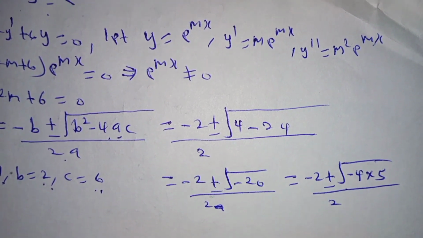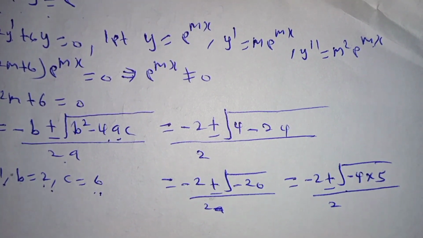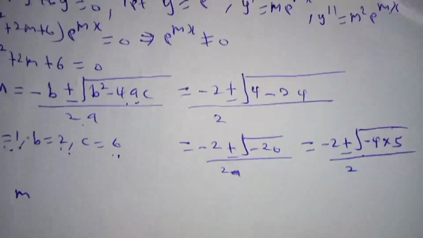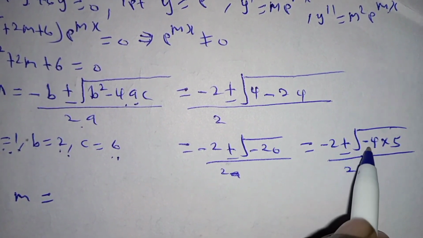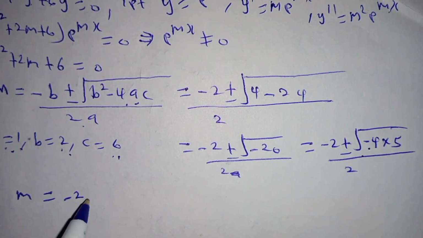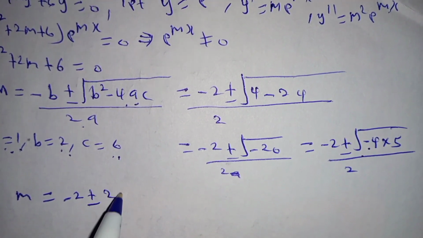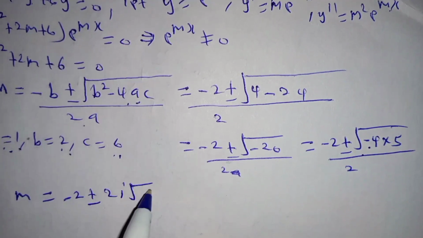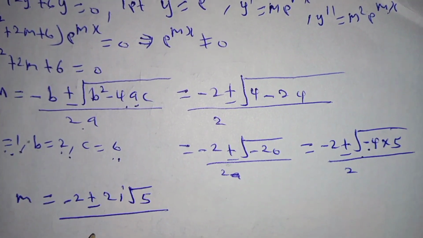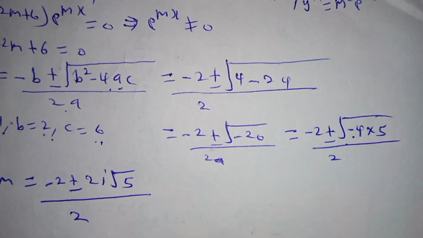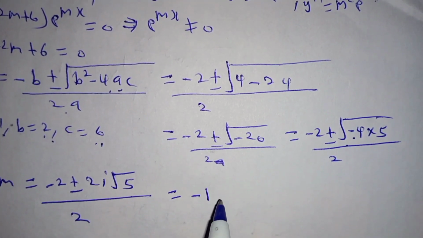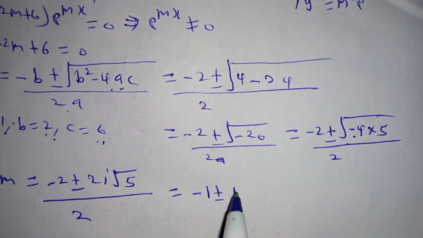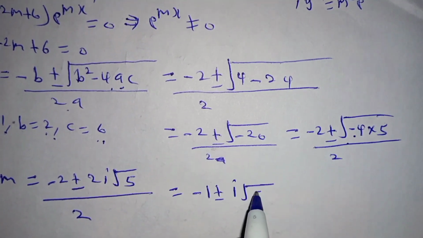So the square root of negative 4 will be plus or minus 2i, so m is equal to minus 2 plus or minus 2i root of 5 divided by 2, which simplifies to minus 1 plus or minus i root of 5.